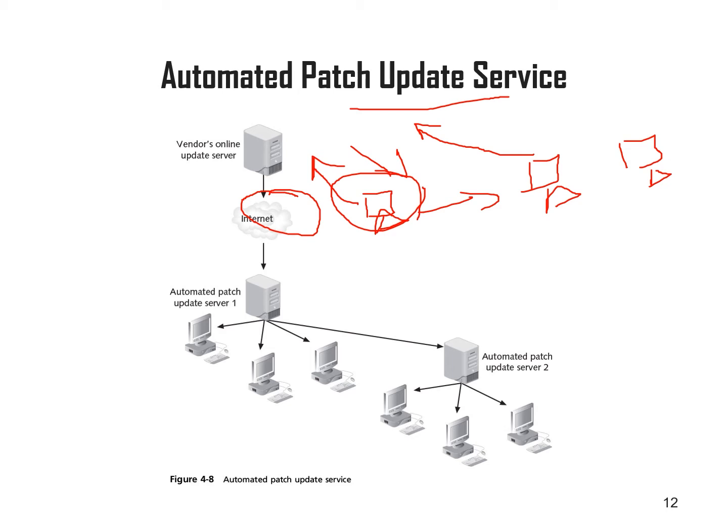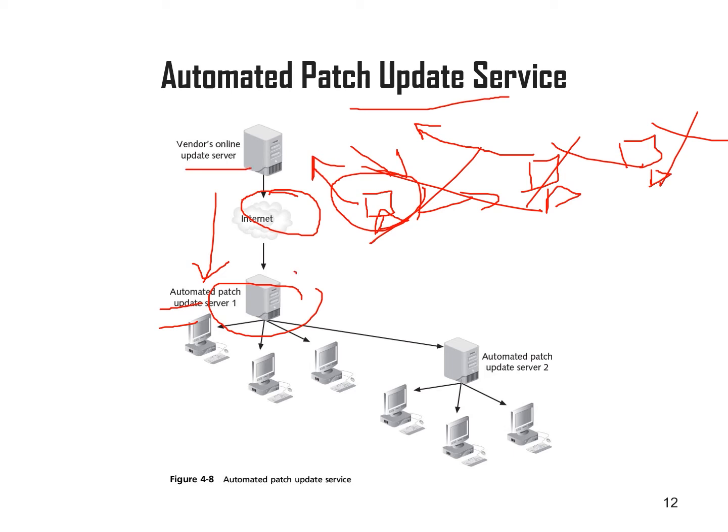To avoid individually updating each system in an organization, I use a patch server, right? This is called an automated patch update server. With its help, I dump my updates on a local server present in the local area network.